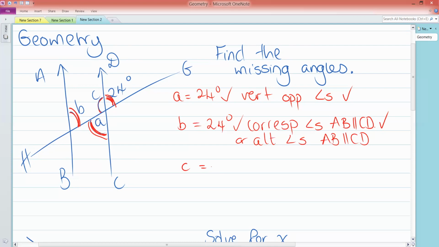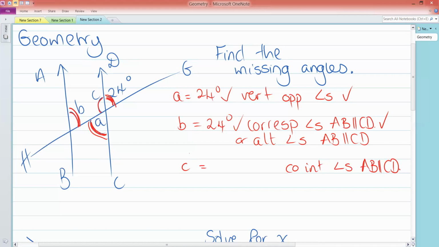It would be 24 because of co-interior angles. Okay, so your reason is right. So it's co-interior angles, and you state your parallel lines. AB is parallel to CD. Now, the actual calculation. Co-interior angles, remember we said they were supplementary.